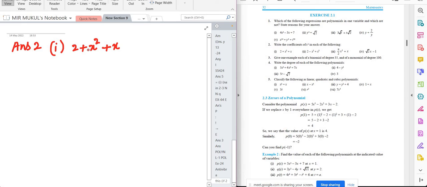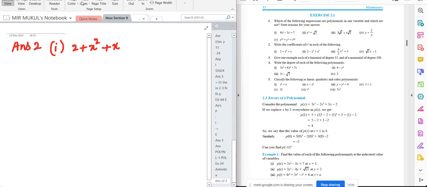Sir, 2. Naima, what number is in multiplication with x squared? I'm asking about the number, not x the variable. 2 is the first term. I'm talking about the second term only.